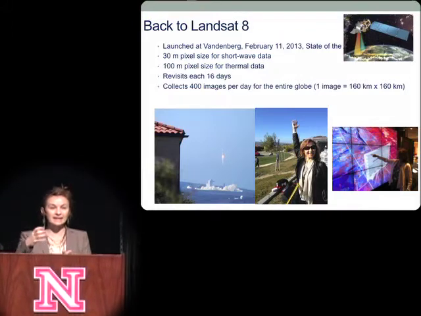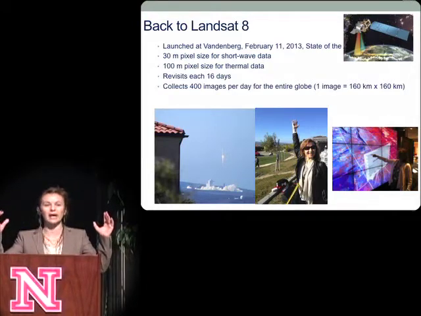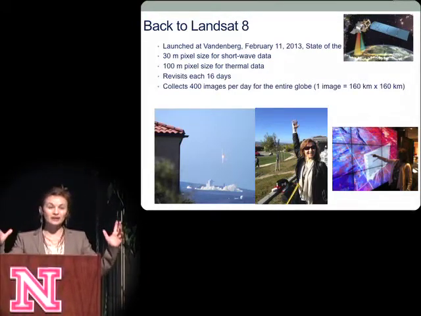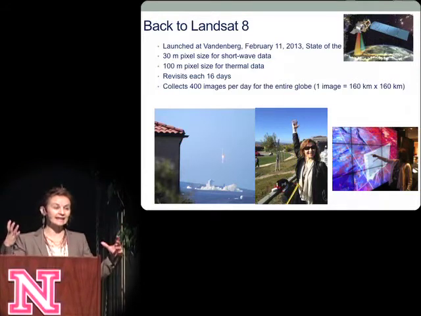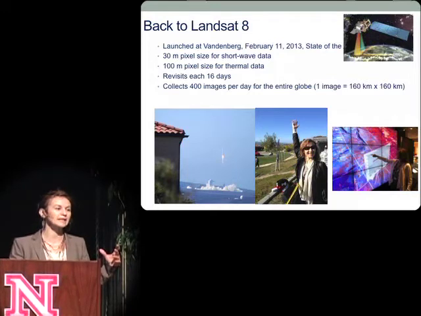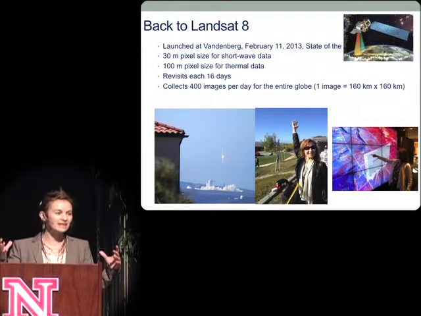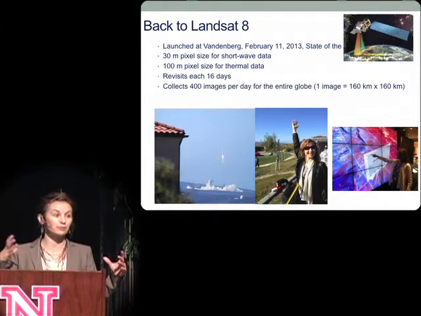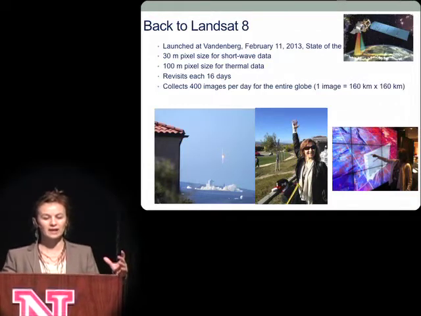Even though they were talking about data continuity, Landsat 8 is really the state of the art. We use the best technologies and better radiometric accuracy. Everything is perfect or close to perfect.